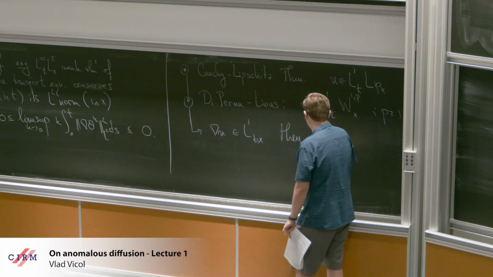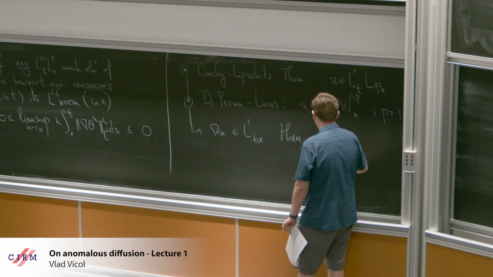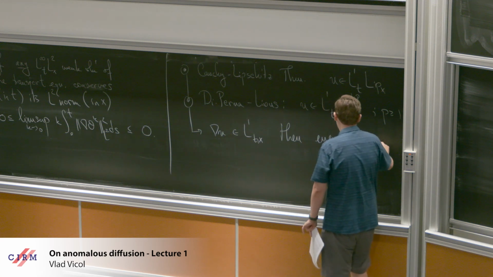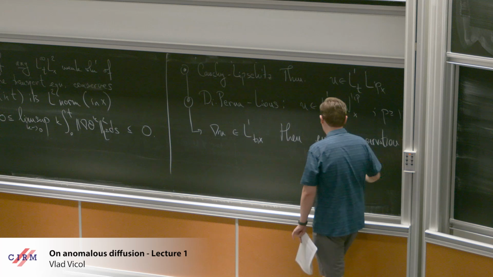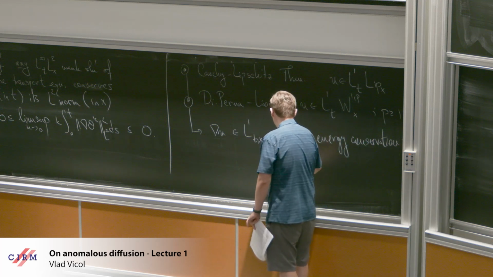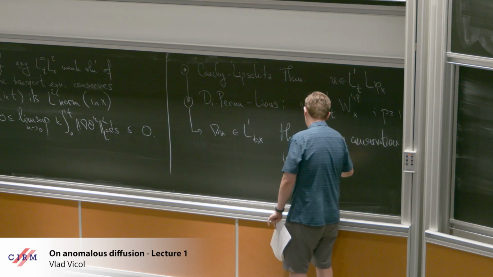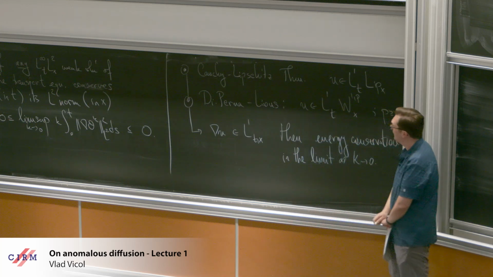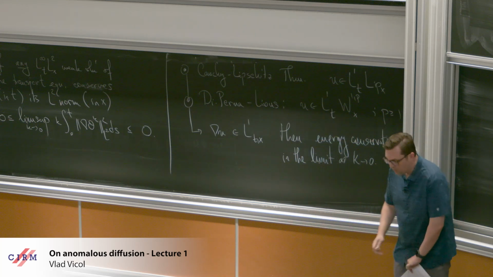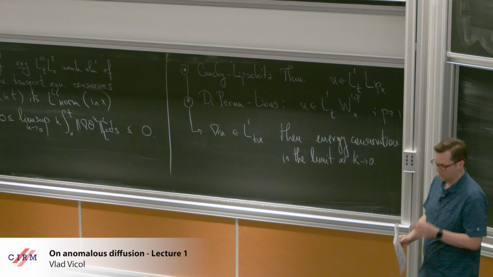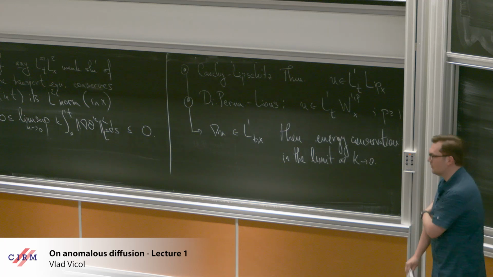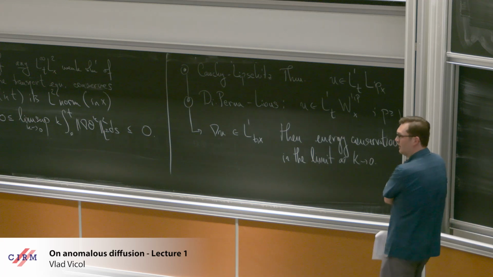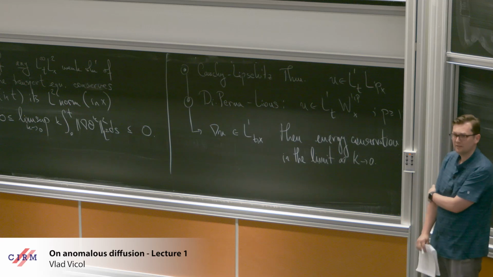Then energy conservation in the limit. Now, of course, the vector fields you encounter in a turbulent flow are not going to have typically this regularity. They're not going to typically have a gradient that's bounded.